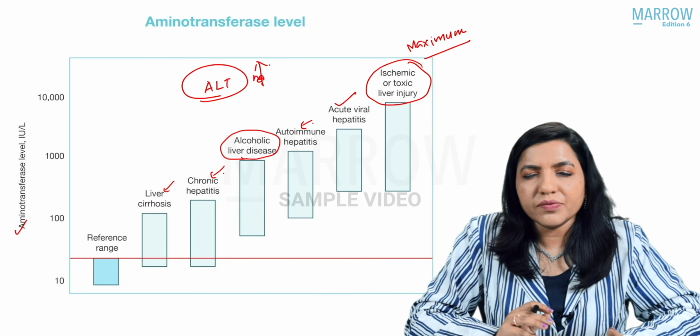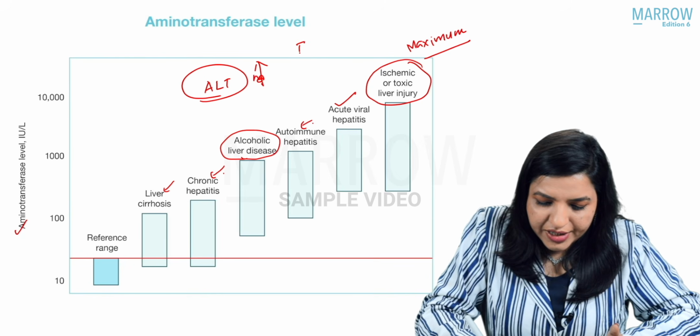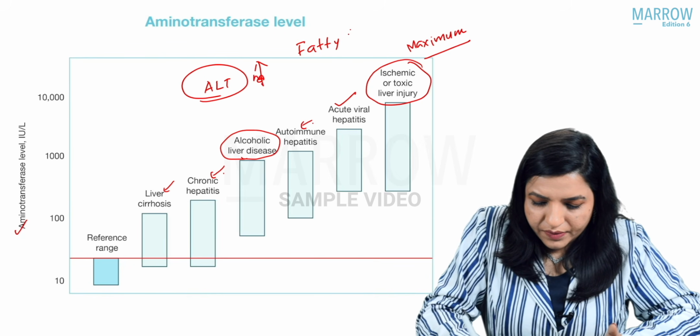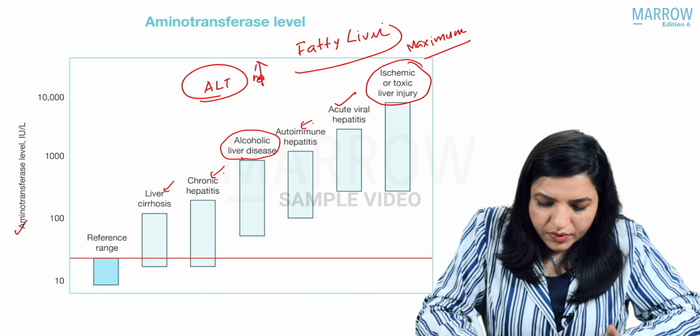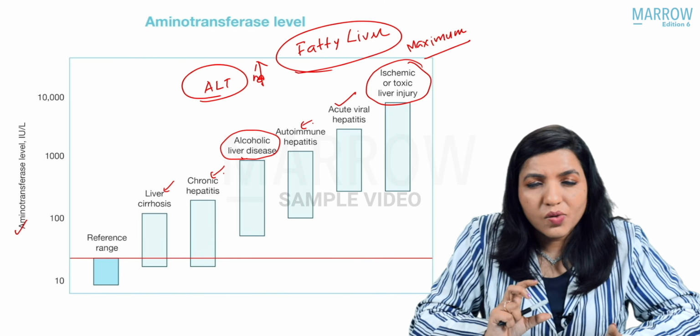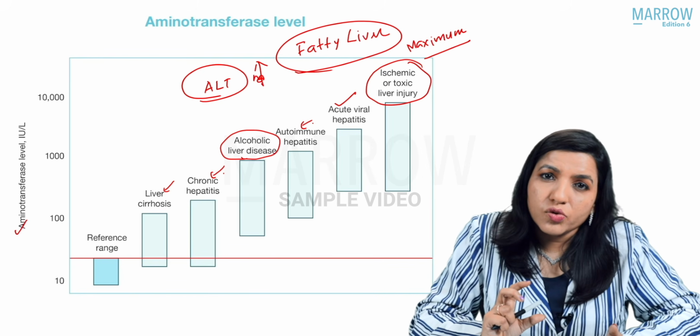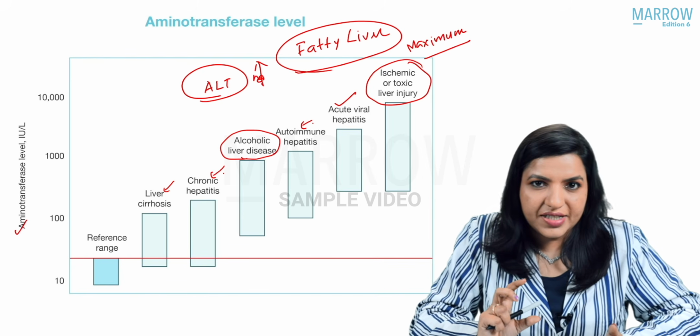Then what is the probable cause? The most probable cause is fatty liver. All liver enzymes are within normal limits, no other symptoms are there, but only a mild elevation of ALT. The most probable cause is a fatty liver.